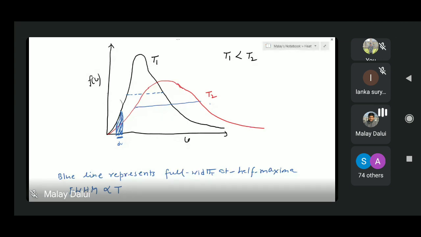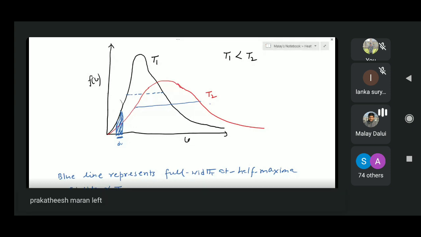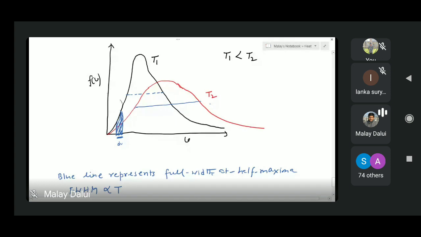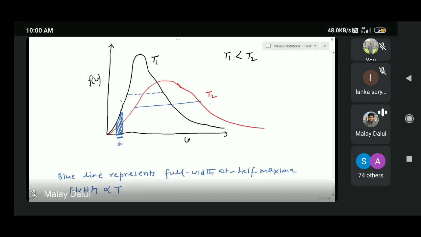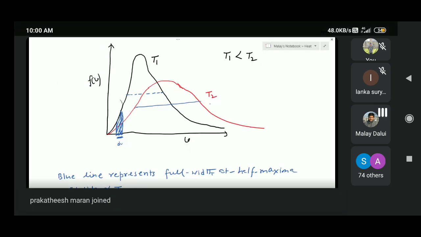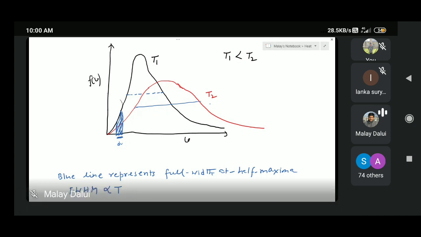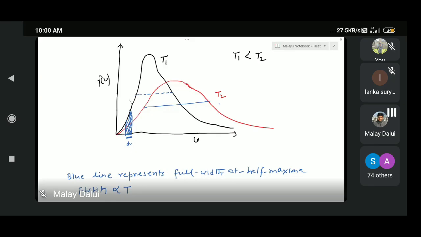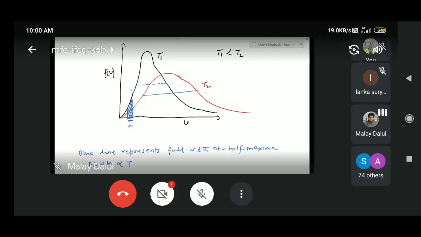Your velocity distribution can go, let's say, from 100 to 1000 meters per second, or some distribution could be between 500 and 800. Which one has the higher temperature, which has the larger width? We don't call it range because both go from 0 to infinity, so what is the point of defining the range? So we define full width at half maxima, and the one with the larger full width at half maxima has the higher temperature. The consequence is that the range will be higher in that sense.